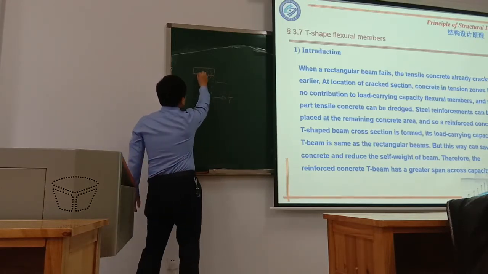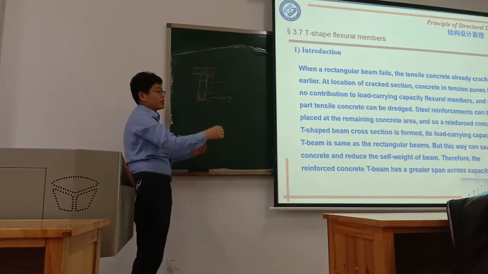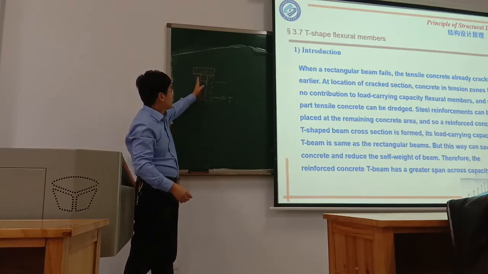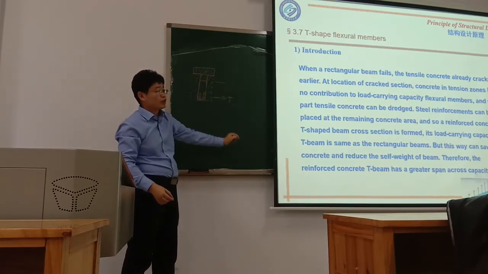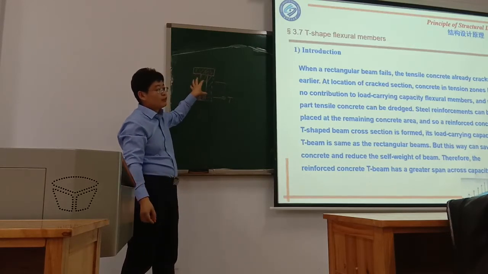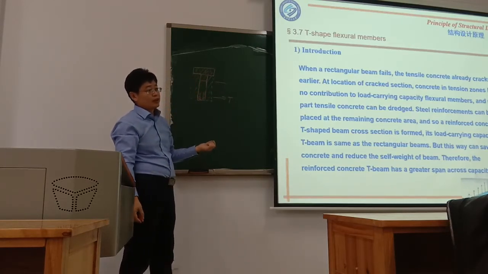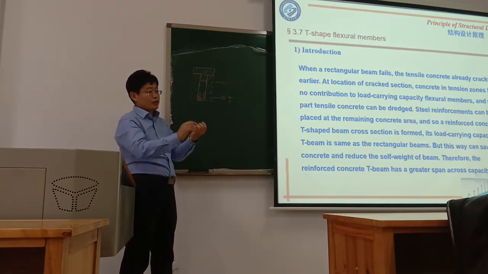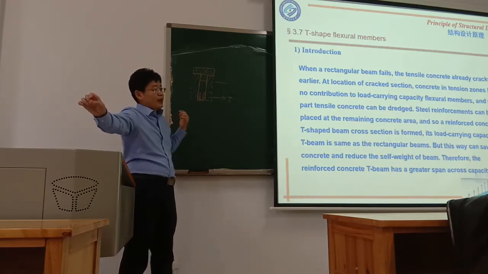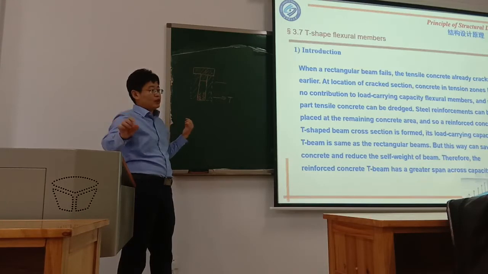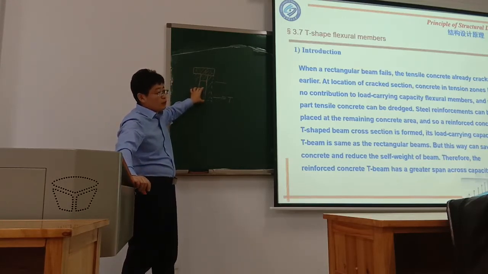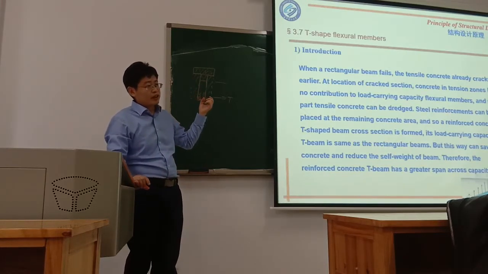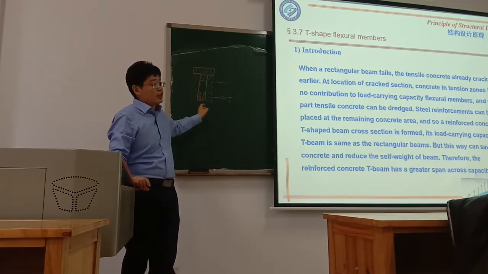Because the compression area is the same as the rectangular shape, and the reinforcement is the same. But we removed a lot of the concrete. That means the self-weight of the beam has been reduced greatly. That means we can make the span longer, because we know normally nearly 90% of the loading capacity is used to resist the self-weight.